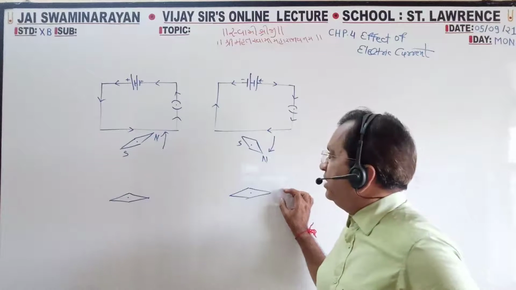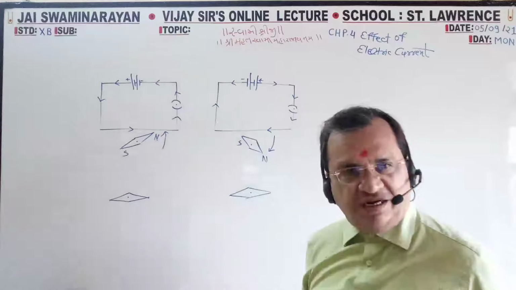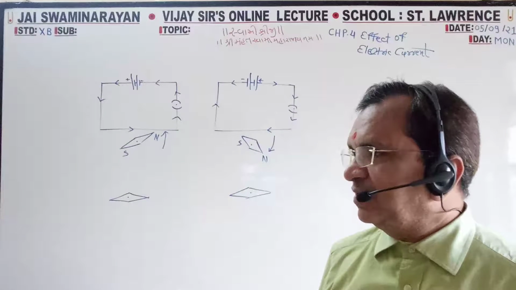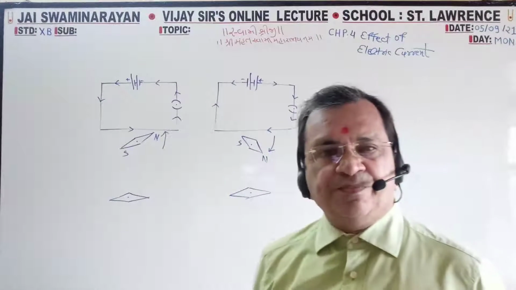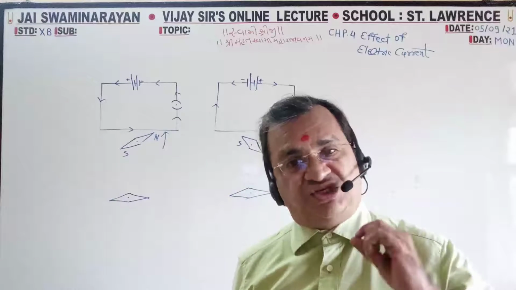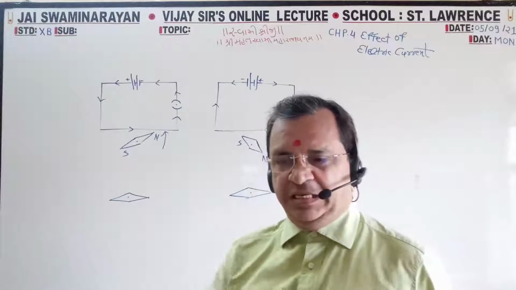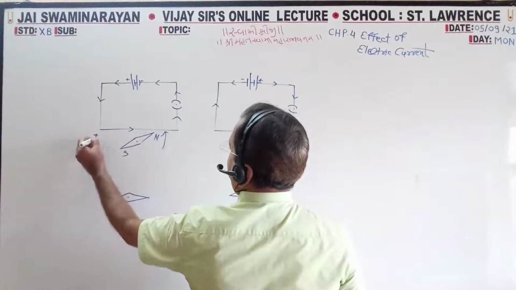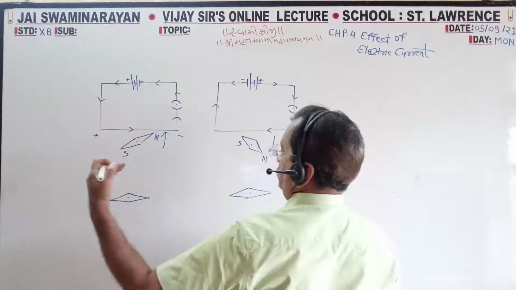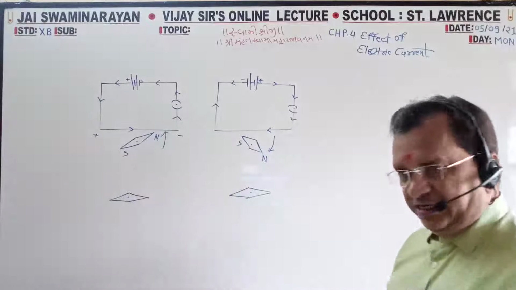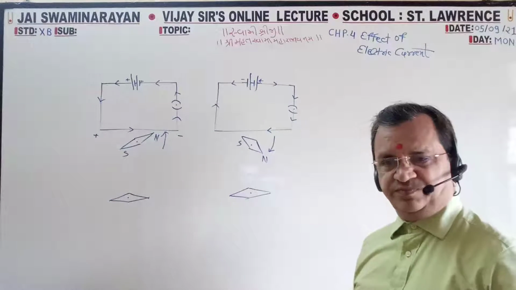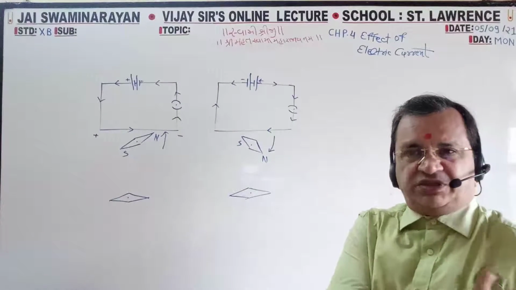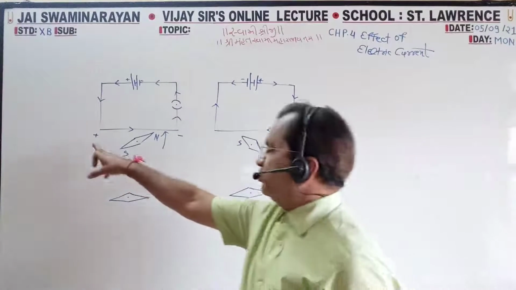Okay. And when we reverse the current, the deflection of the magnetic needle will change. When the current is passing, this is positive, this is negative. Towards negative, the south pole is there, and towards positive, the north pole is there.